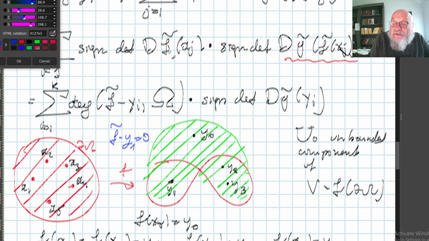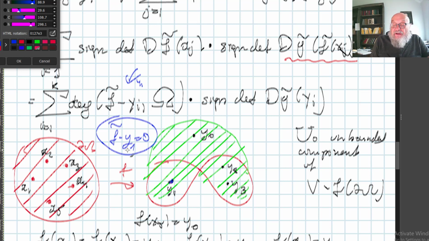In such a case, you can see that all the inverse images of these points, of y1, give you this degree, exactly this degree. For y1, that degree. If you change to a different point, of course you will get a different sum, but still it will represent this particular degree in omega.